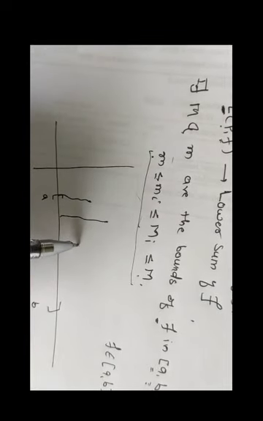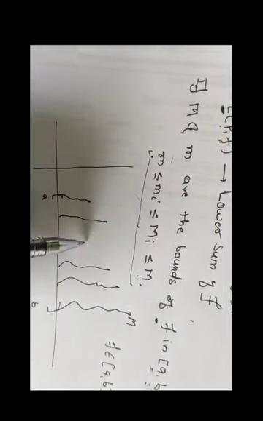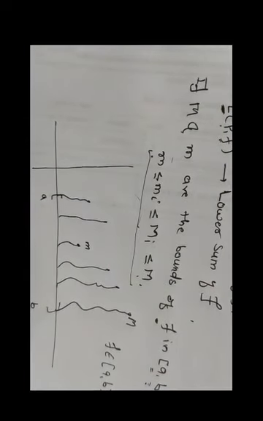We get some values at these points, and suppose this is the greatest value, capital M, and this is the least value, small m.